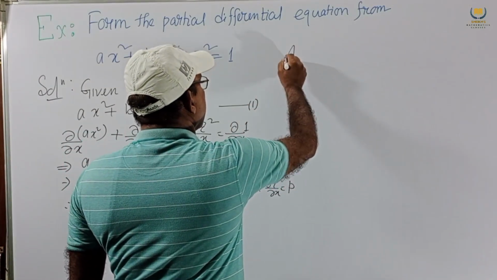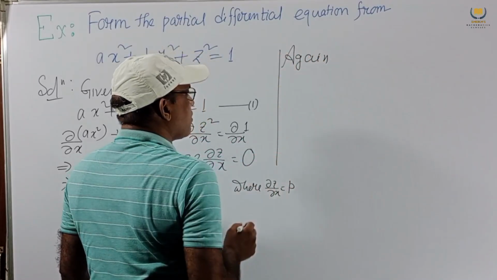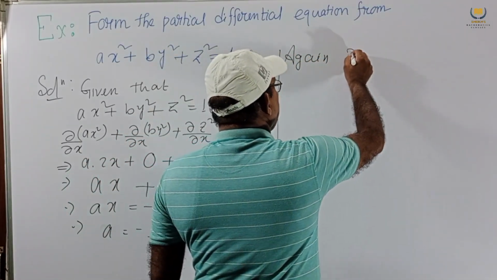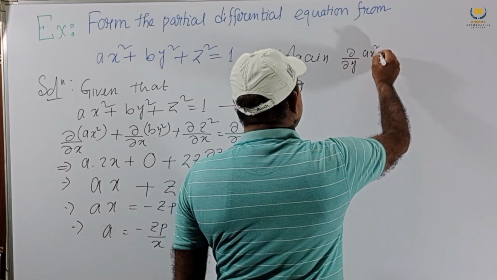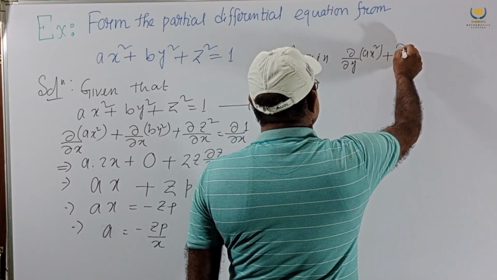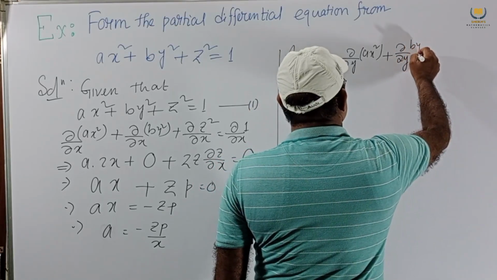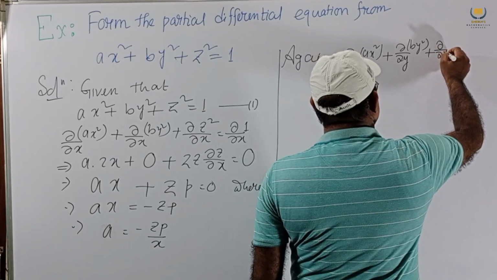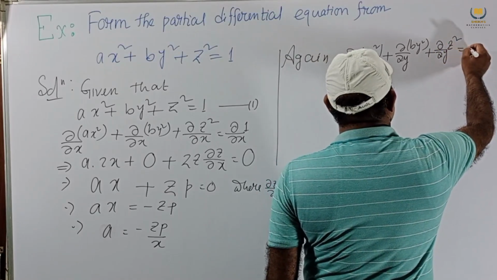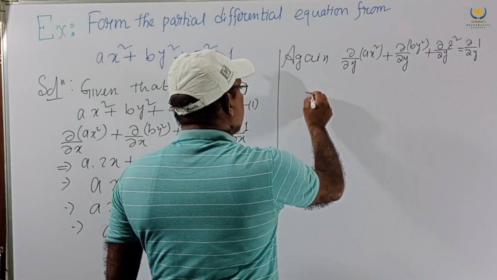Again we differentiate: del y of ax square plus del y of by square plus del y of z square equals del y of 1.